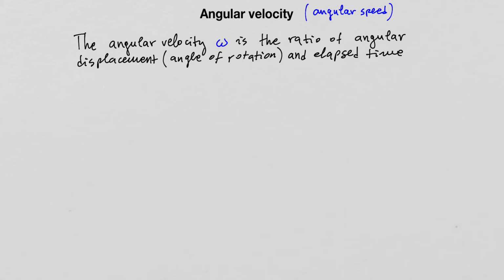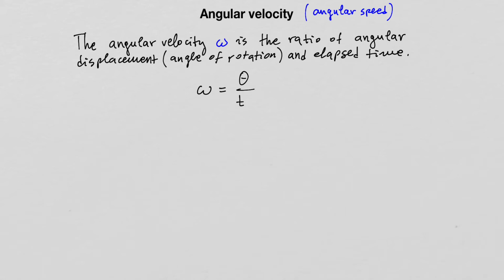In formula form, this relationship looks like omega is equal to the angular displacement theta divided by the elapsed time t.